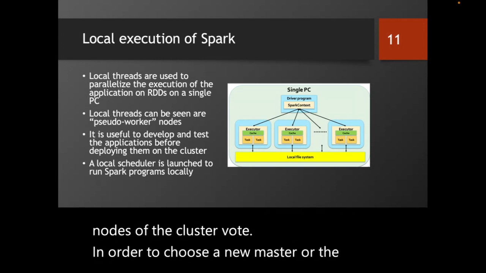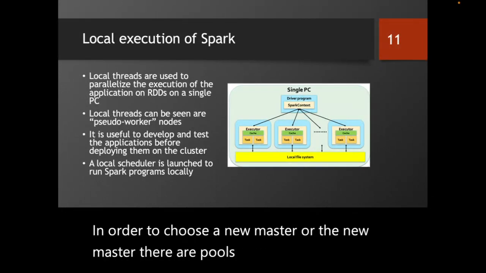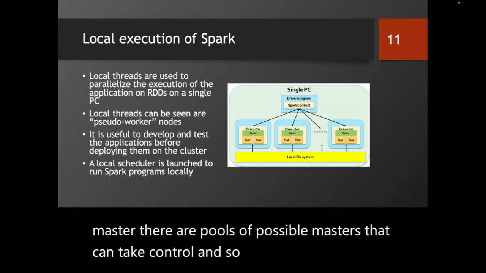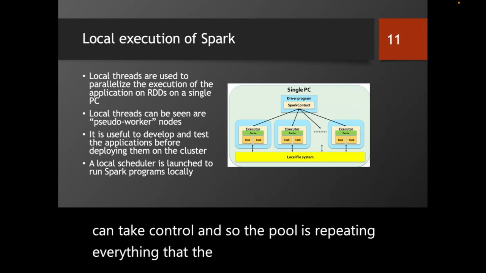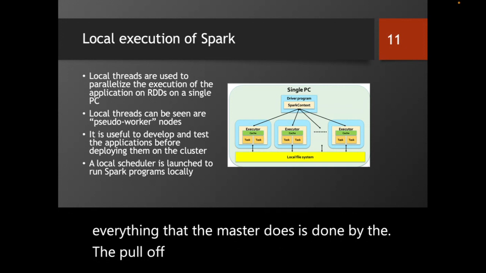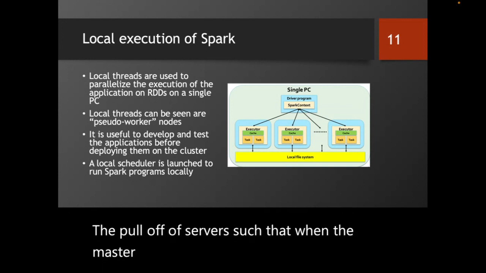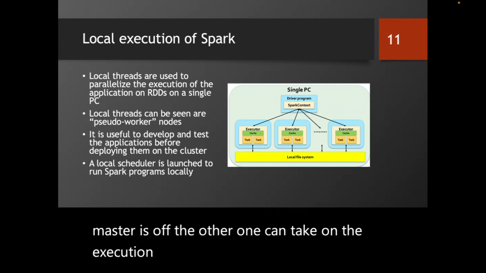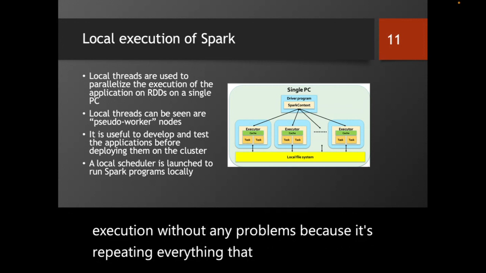Or there are pools of possible masters that can take control, and the pool repeats everything that the master does, such that when the master is off, another one can take over the execution without any problems, because it has been repeating everything that the first server does.